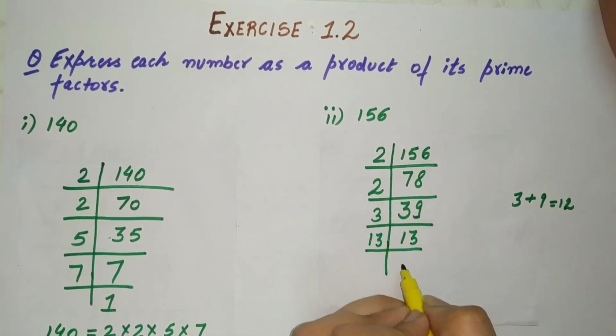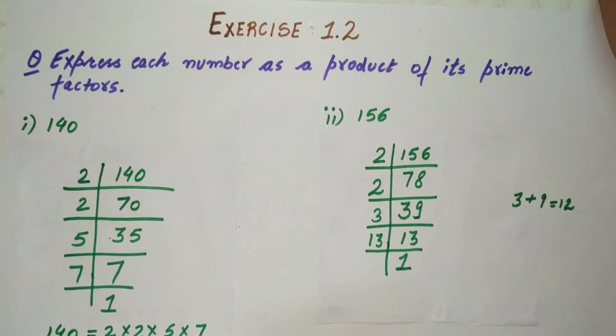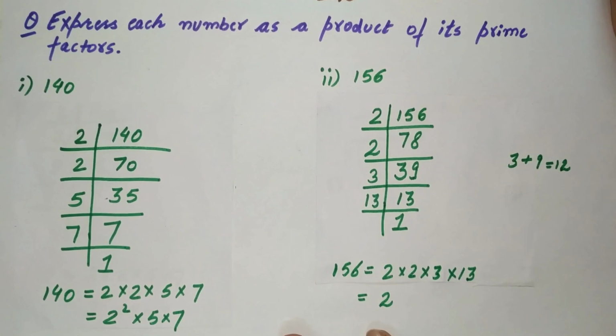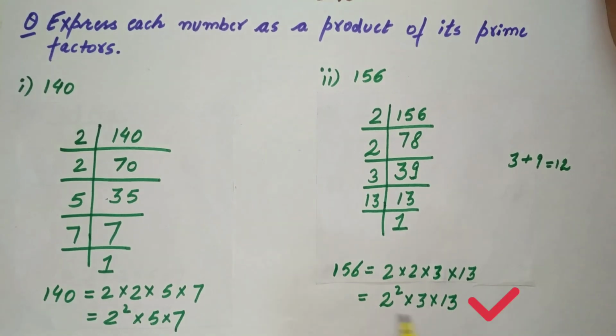Thus, the prime factors of 156 are 2 multiply 2 multiply 3 multiply 13. It can also be expressed as 2 raised to the power 2 multiply 3 multiply 13. We'll move to the next part.